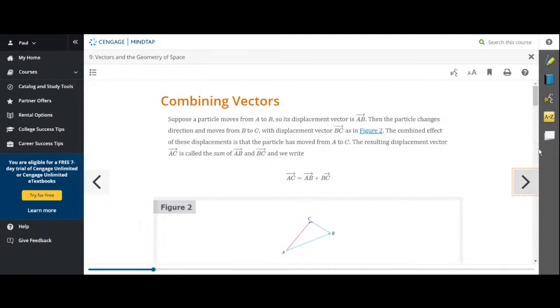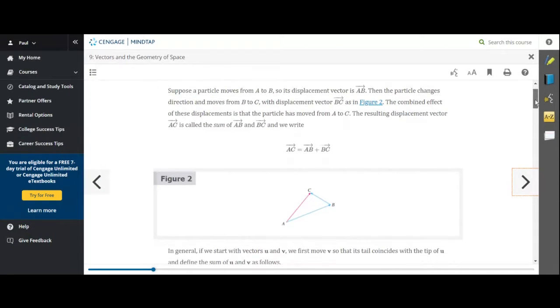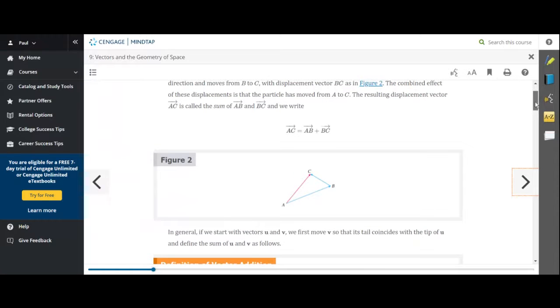So how do we combine vectors? Vectors can be combined. In figure 2, you have a vector AB and a vector BC.